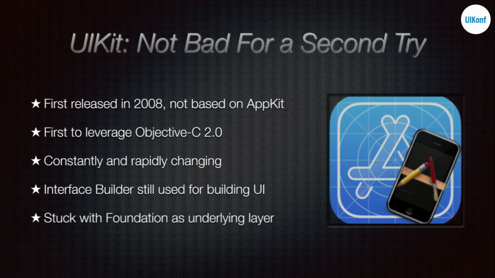And also, that's true of Interface Builder too. Even with storyboards and view controllers and connections and segues, there's still a lot of very old ways of doing things that are embedded very deeply in both AppKit and UIKit.